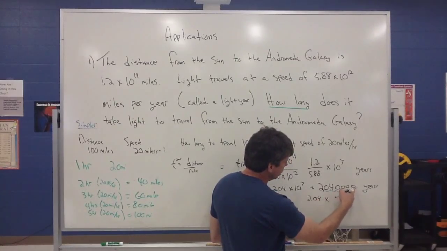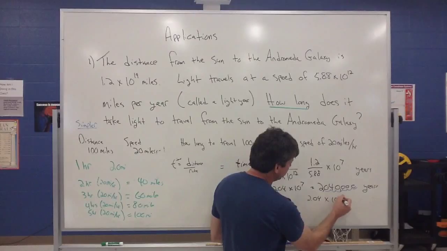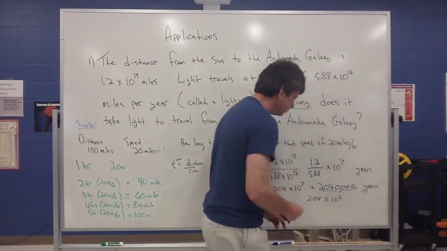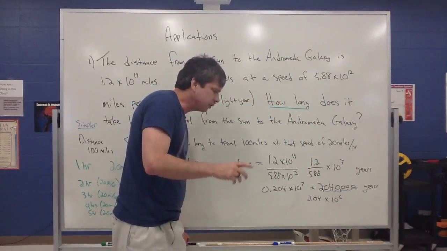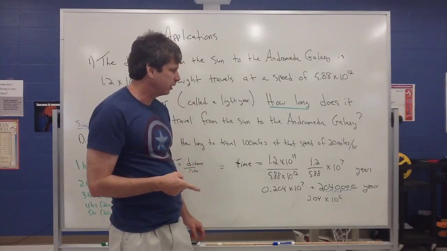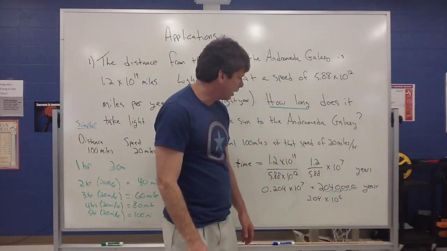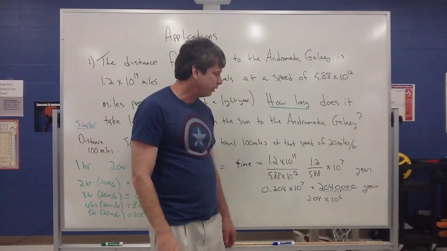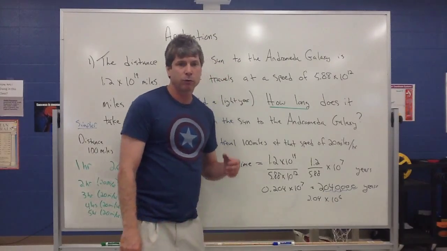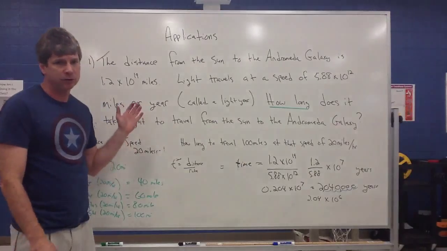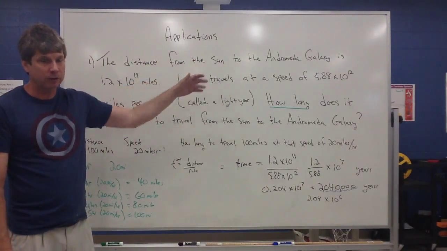And since you moved the decimal 6 places, that would be 2.04 times 10 to the 6th. Since I lost all those decimal places, I've got to put that 10 to the 6th in there to put that balance back. So 2.04 times 10 to the 6th, that's how many years it would take for the light to get from the sun to the Andromeda Galaxy.